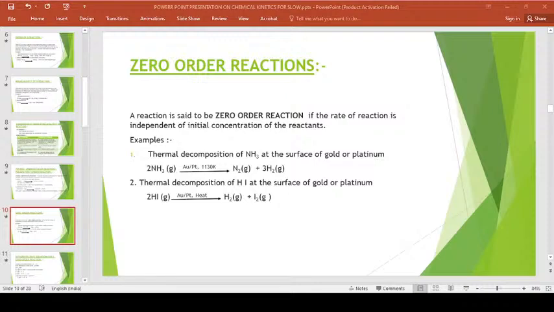Let it be equation number 1. Integrating both sides of 1, we will get ln R equal to minus KT plus I. Let it be equation number 2, where I is the integration constant.